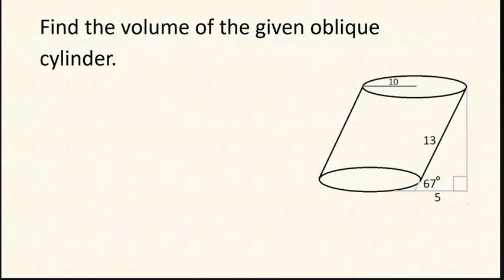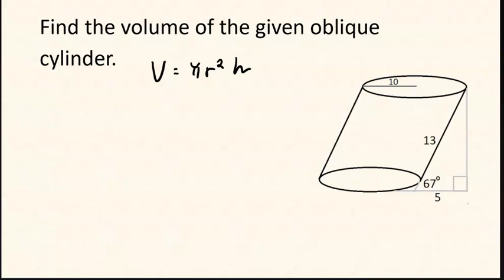In this problem, we're looking at a cylinder that is twisted to the side or pushed over. I'm going to invoke the volume of a cylinder. But, once again, we have the slant height, so that is not perpendicular.